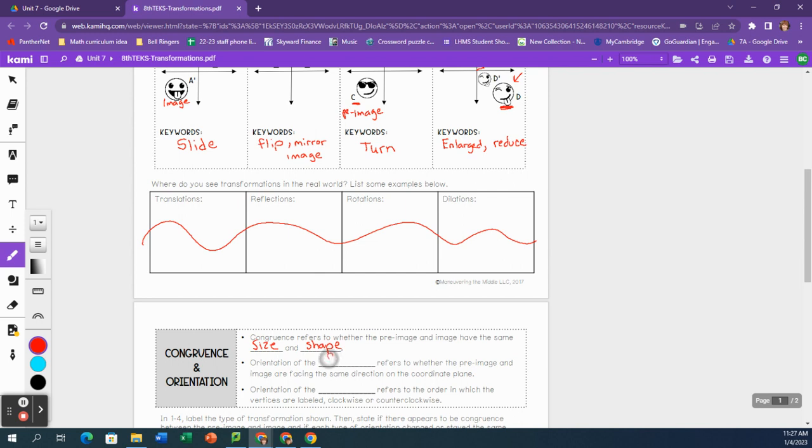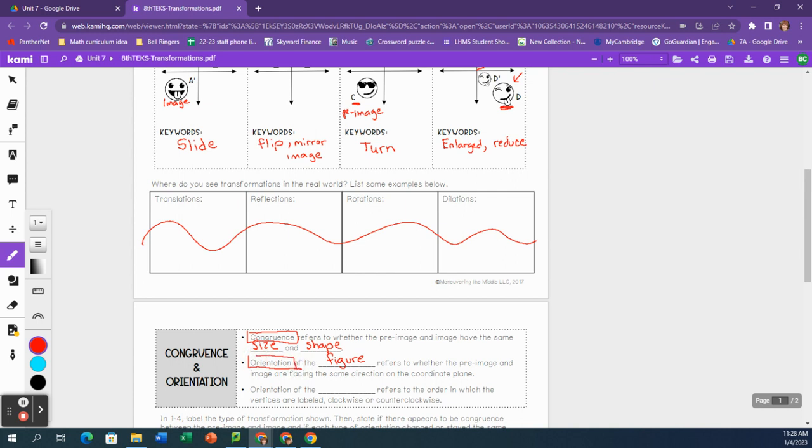Orientation of a figure refers to whether the preimage and the image are facing the same direction on the coordinate plane. So these are words you need to know: congruence and orientation.